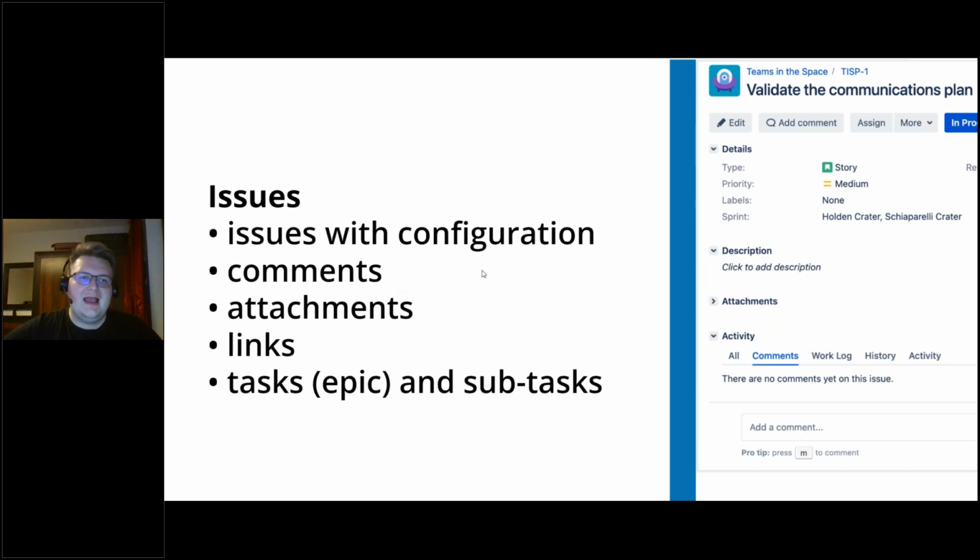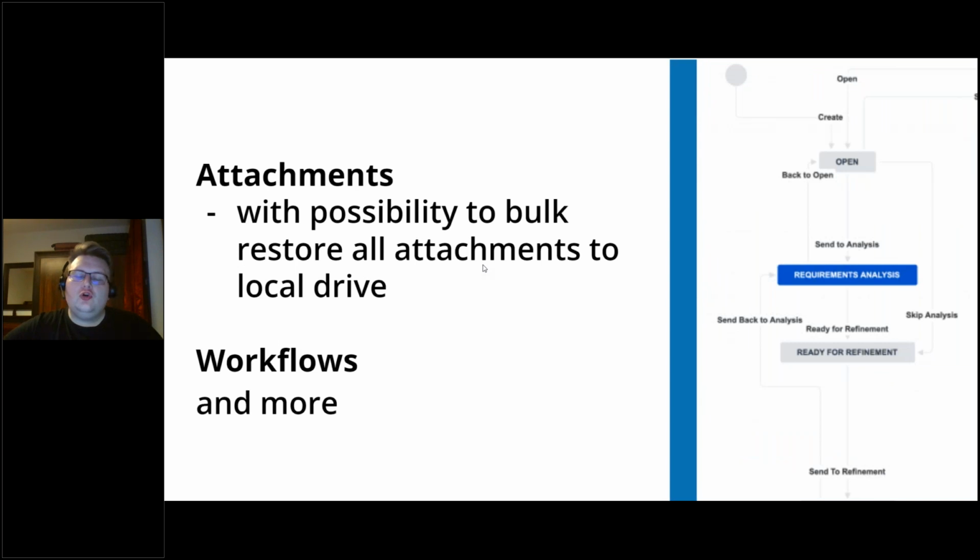You can also use this solution to restore attachments in bulk. And as some of you might know, GitProtect can be used not only to restore to the same Jira instance from which the copy has been made, but also to restore to a completely different instance, and also to restore to your local drive.